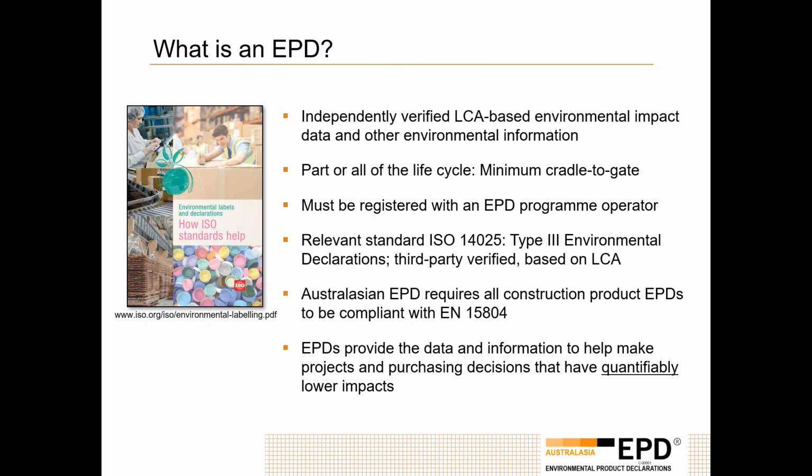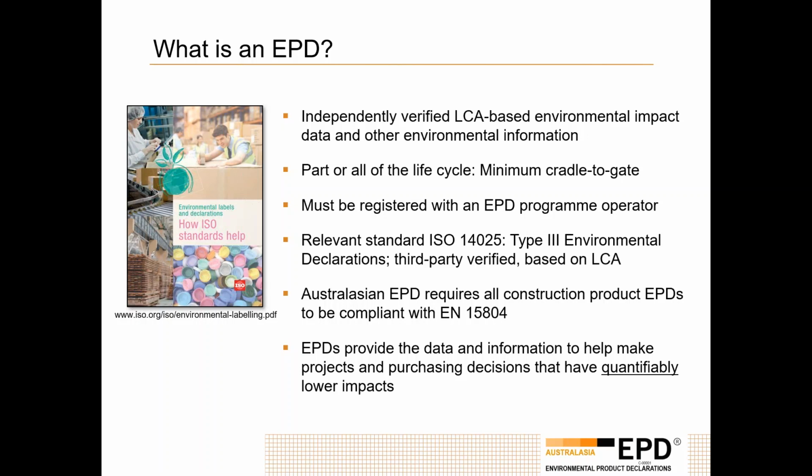The relevant standard here, as I mentioned before, is 14025, which makes it a Type 3 environmental declaration. Has to be third-party verified and based on LCA. Australasian EPD programs require all the construction product EPDs to be also compliant with EN 15804.